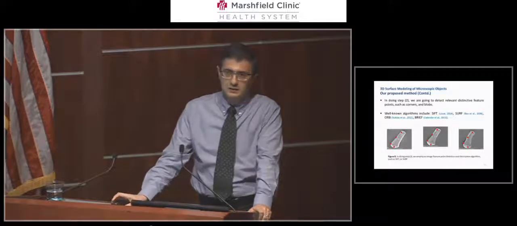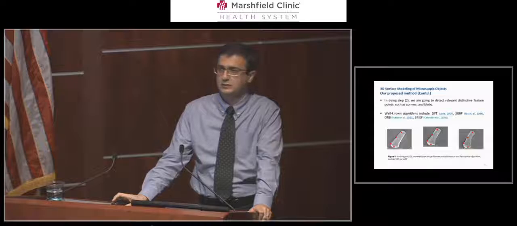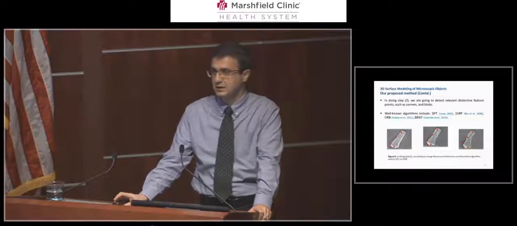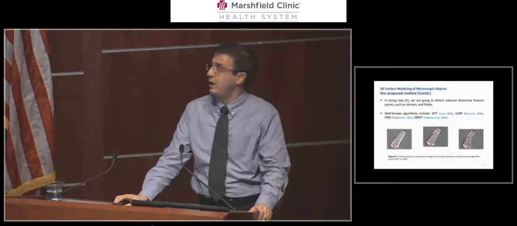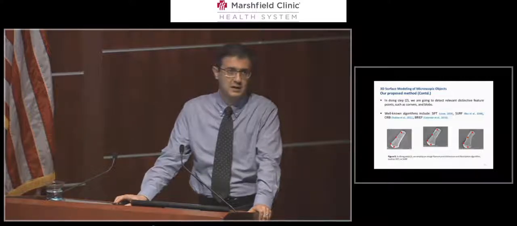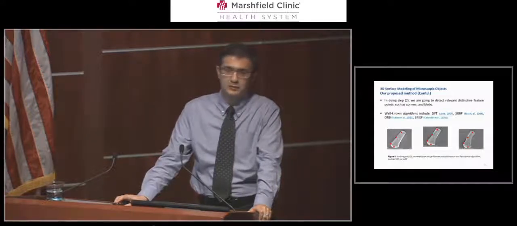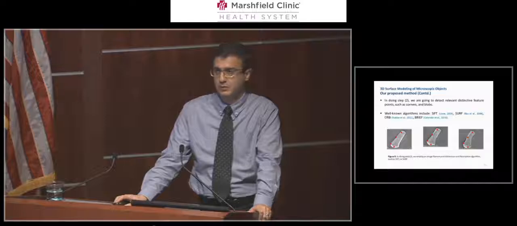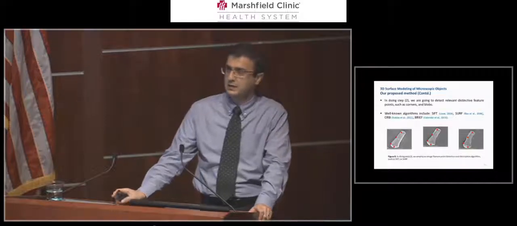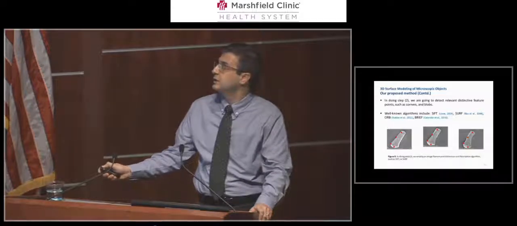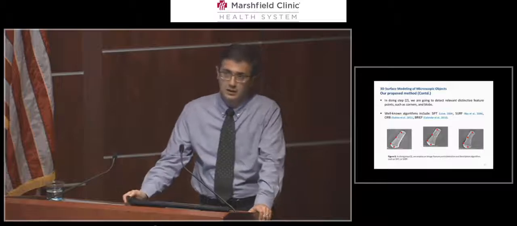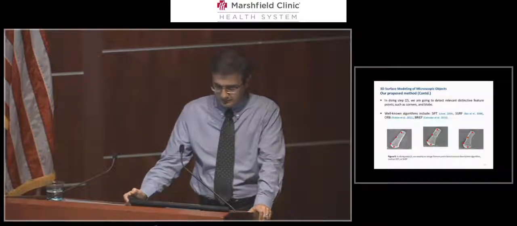There are some algorithms such as SIFT, SURF, ORB, and BRIEF that help us to detect feature points in every image. We actually applied all of them, but based on their efficiency, accuracy, and the number of feature points they can provide to us, we picked the SIFT algorithm based on our experience.